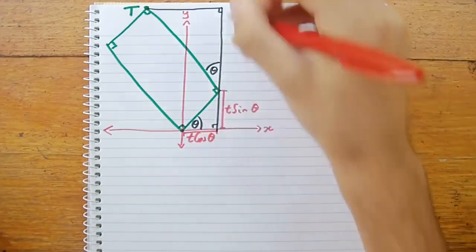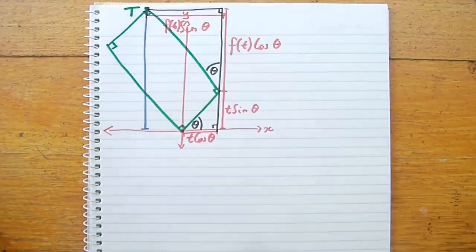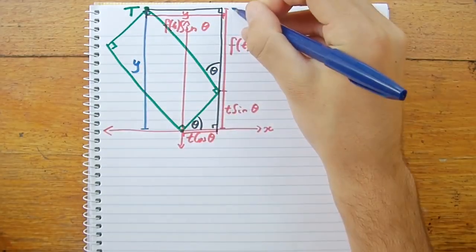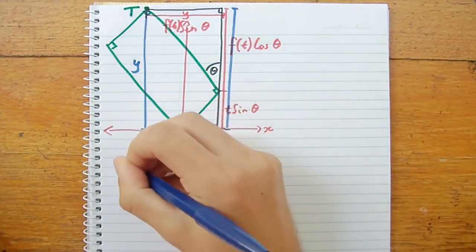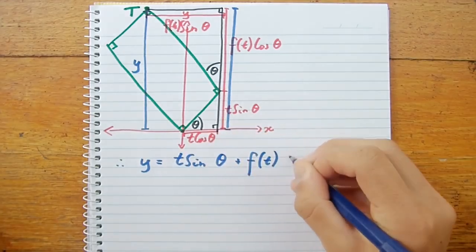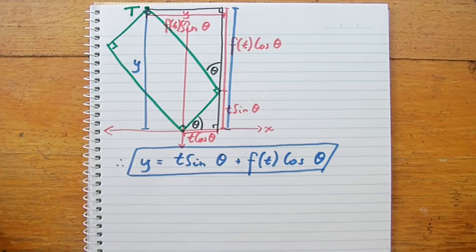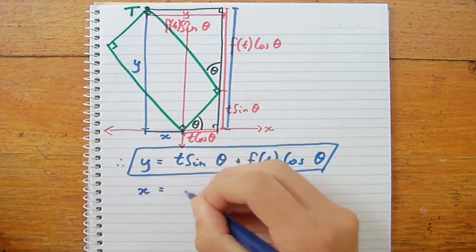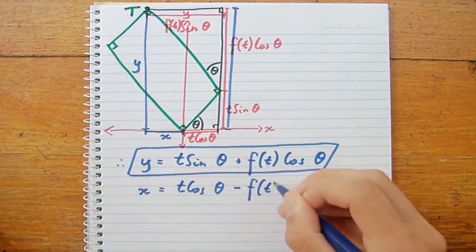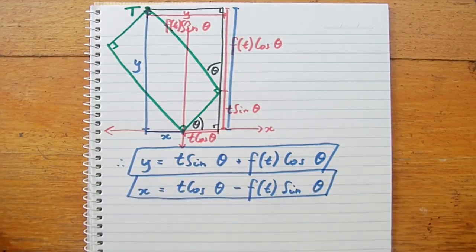Great, so for the y-coordinate of the point, that corresponds to how far up along the y-axis it is, which, as you can see from the diagram, is going to be the sum of the heights of the triangles, t sine theta plus f of t cos theta. Likewise, the x-coordinate corresponds to how far along the x-axis it is, which is going to be the bottom length minus the top length, t cos theta minus f of t sine theta.